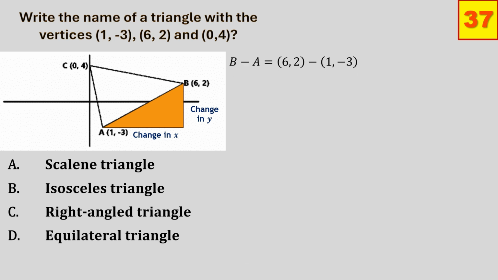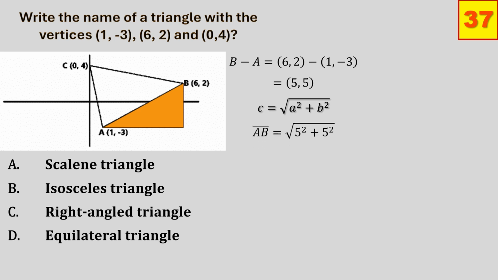from A to B. 6 minus 1 is 5 and 2 minus minus 3, or 2 plus 3, is also 5. Using Pythagoras' theorem, the hypotenuse, which is line AB, is equal to the square root of 5 squared plus 5 squared, which is equal to the square root of 50. The change in x and y from B to C is minus 6 and 2.